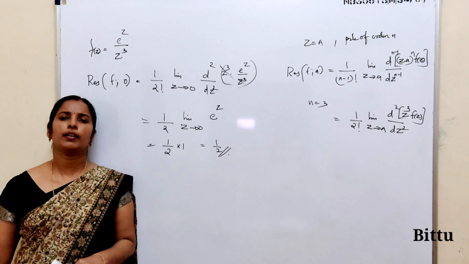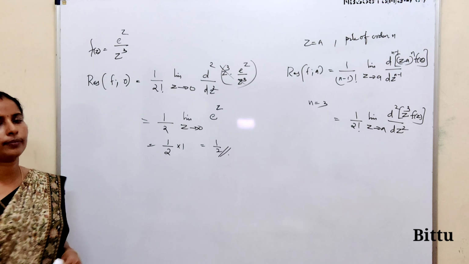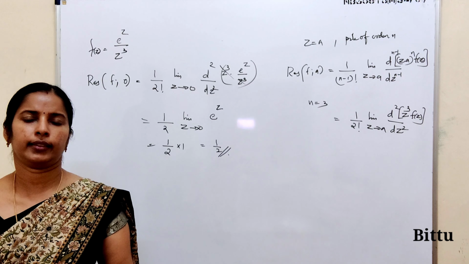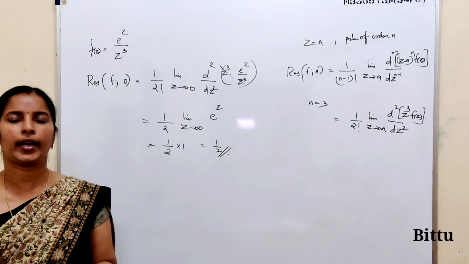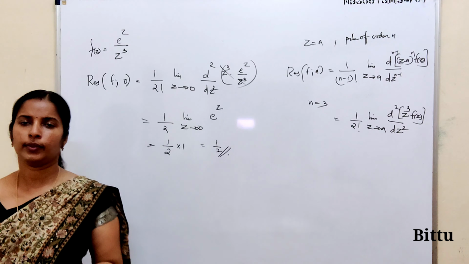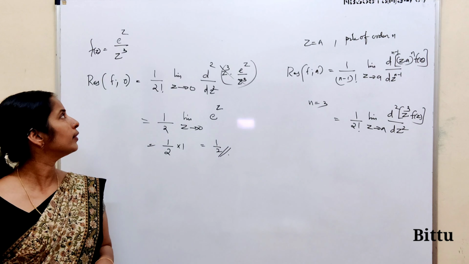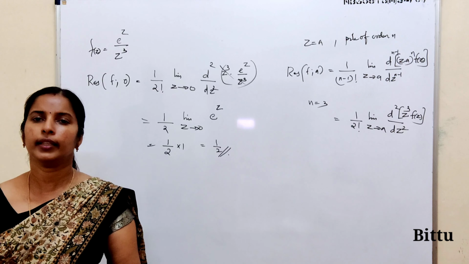There is one more method of finding its residue since f(z) contains e raised to z. The alternate method is you write its Laurent series expansion. That is, you express f(z) in the form of an infinite series. We can do this because we know the infinite series expansion of e raised to z.